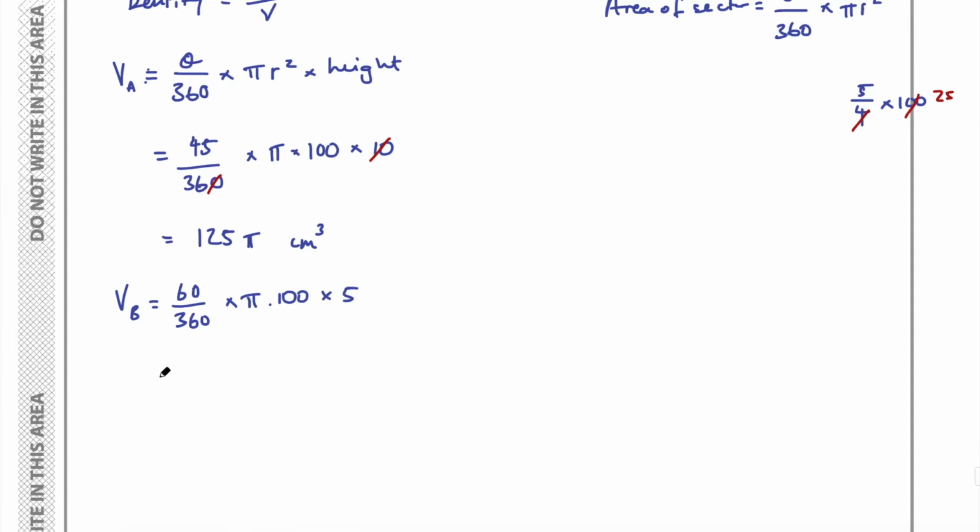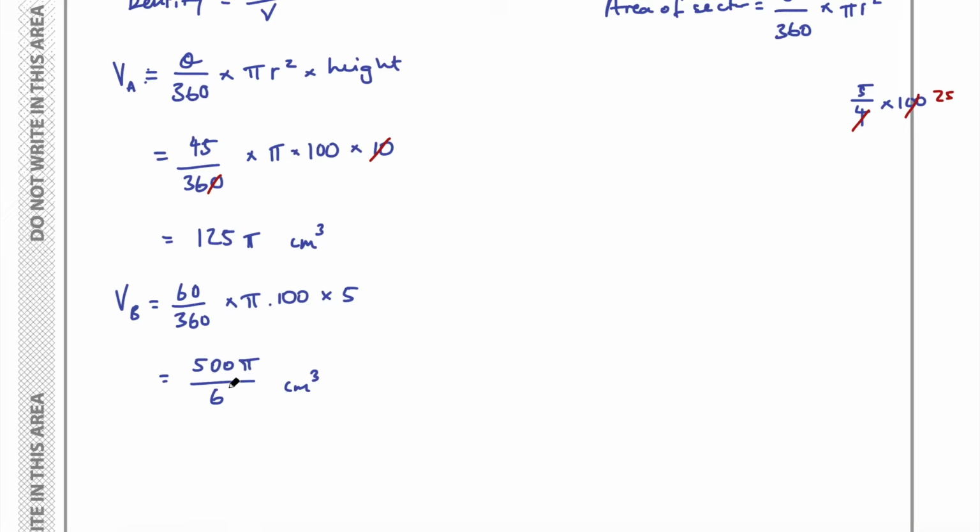Okay, now let's see what we can cancel here. Well, 60 over 360, that would be like 1/6. And then I'd have 500 pi as the numerator and 6 as the denominator. So I think that's as far as I'm going to simplify for that one. So volume B is 500 pi on 6 centimeters cubed.